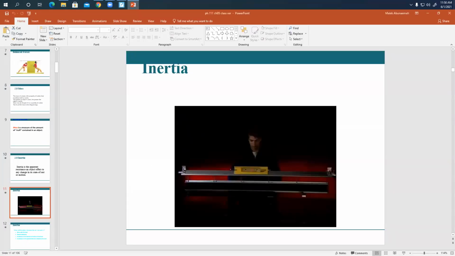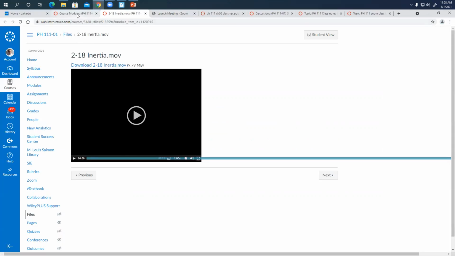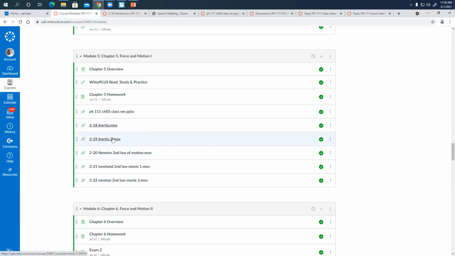So what will Blair do when the air is turned on and shifted side to side? So let's go ahead and see the available answers. Would it move with the track, remain stationary, accelerate in the direction of motion of the track, or accelerate in the opposite direction relative to the track? Go ahead and think about your answer. And let's go ahead and turn the other movie on.